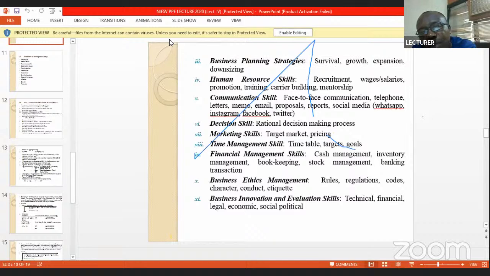Then financial management also talks about bookkeeping and banking transactions. Remember, I asked my students, what are those things that can make a bank not honor a check? If you have a check, what are those things that will make a bank not honor it?